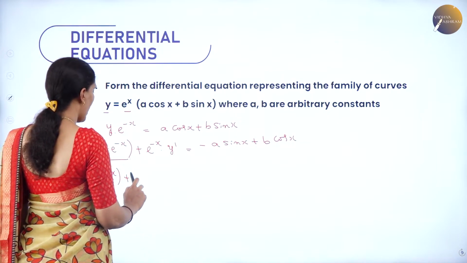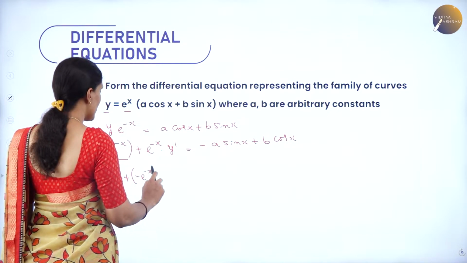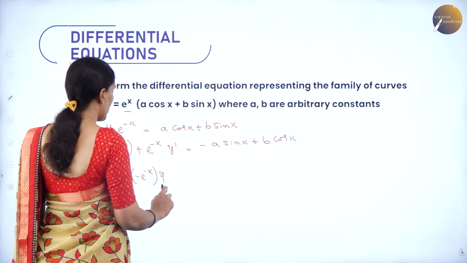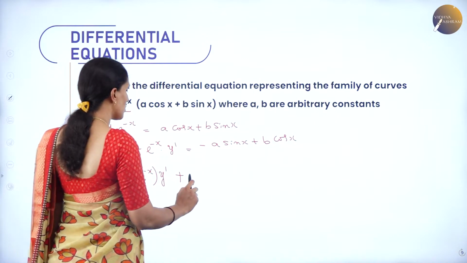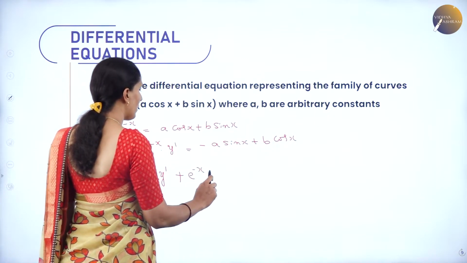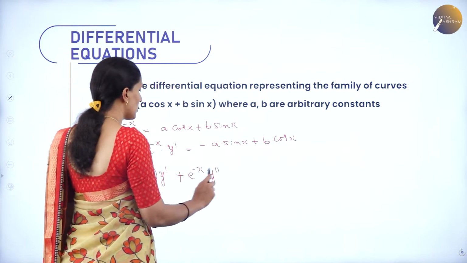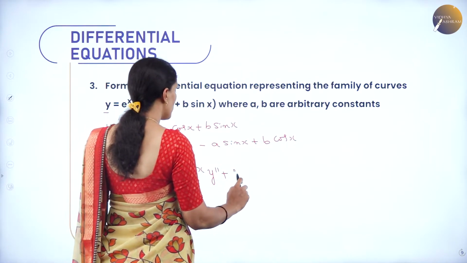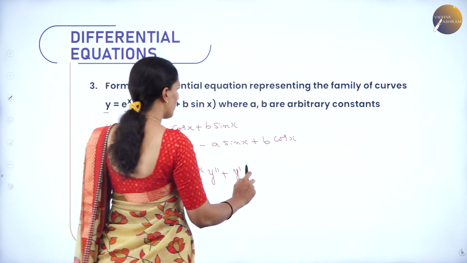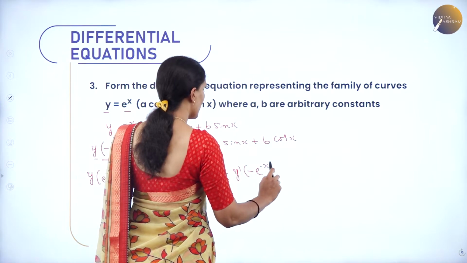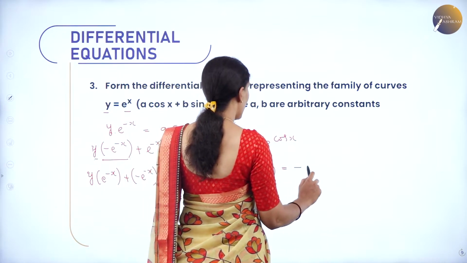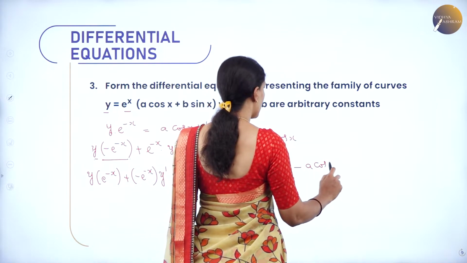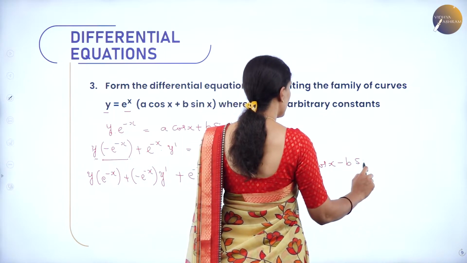Plus again we have minus e power minus x into y dash. Next here apply the same thing. So first function into derivative of the second is y double dash plus second function y dash into derivative of the first is minus e power minus x. On the right hand side it is again minus a cos x minus b sin x.